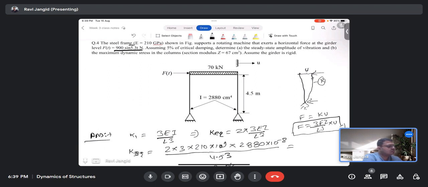Okay, and what moment is generated at the top, or what moment is transferred? That will be F into L, so it becomes 3EI by L square into U. That is your moment.